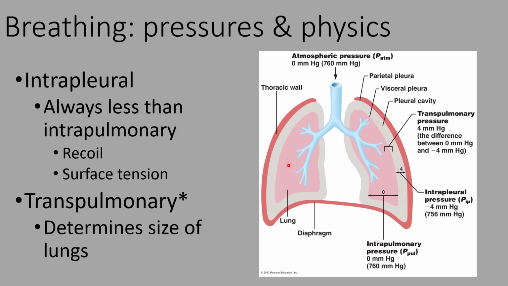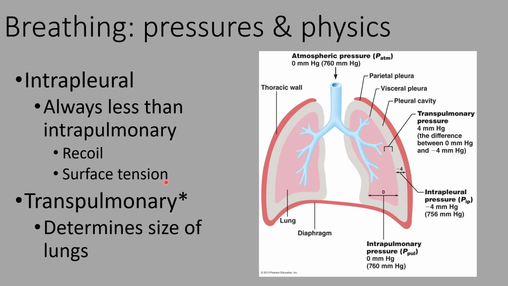And what actually causes it to be slightly less is two factors to do with the lungs. The lungs are kind of like a rubber band. They like to recoil. When they're stretched, they will snap back. So they're constantly trying to snap back to as small as they can possibly be.